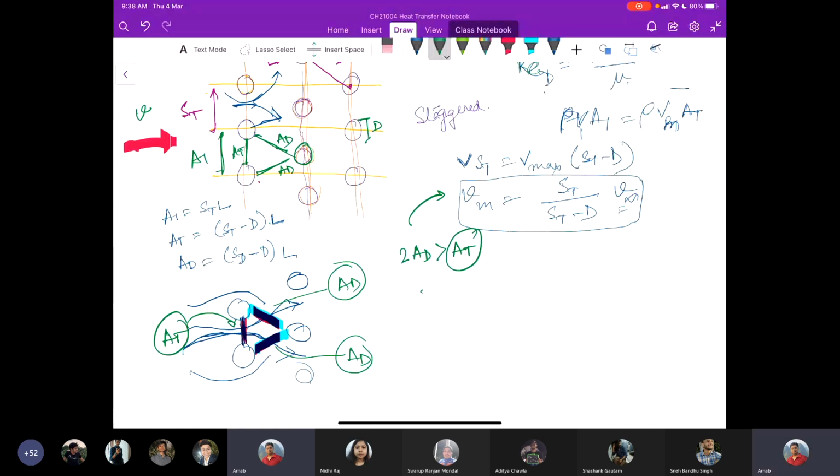But now visually conceptualize this point, that we have closely spaced distances in the vertical direction. So somehow it has happened that AT is much larger than 2 times the diagonal distance, or 2 diagonal areas.